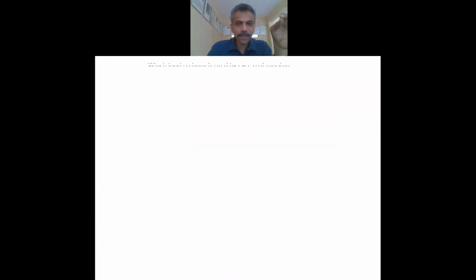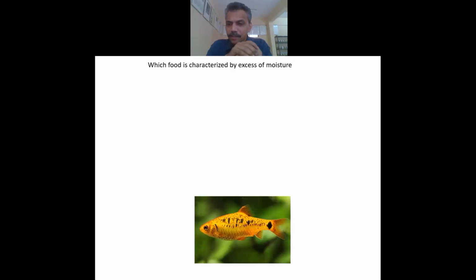Now, this is important. Now, going ahead, this is what Sai has already told. Which is that food which is characterized by excess of moisture? He spoke of cucumber, melon, watermelon. Any other food, any other vegetables or any other food, veg, non-veg, that you can think of, which will have excess of moisture? Good, seafood, like fish, prawns, good, keep it up. Okay, very good. This is what Padmini's text says, and this is the image.